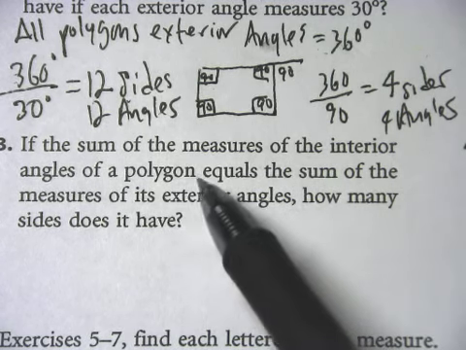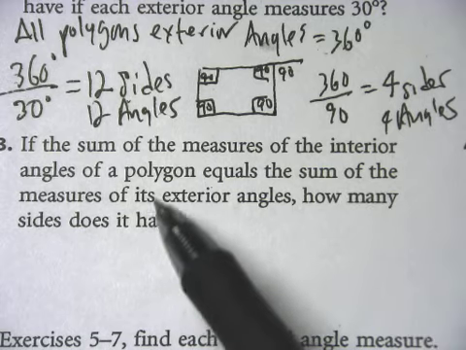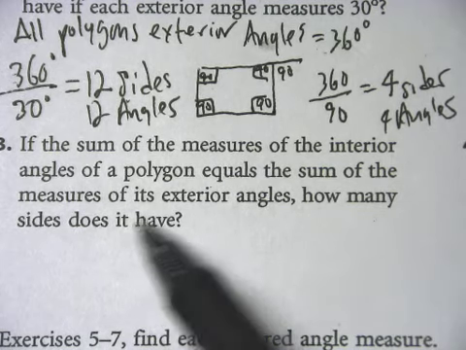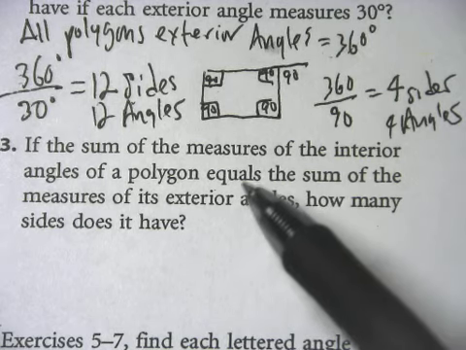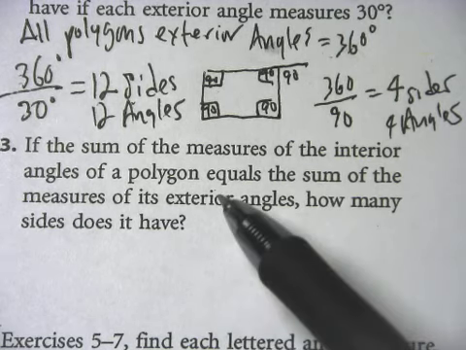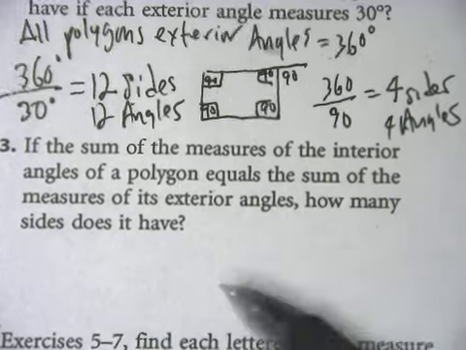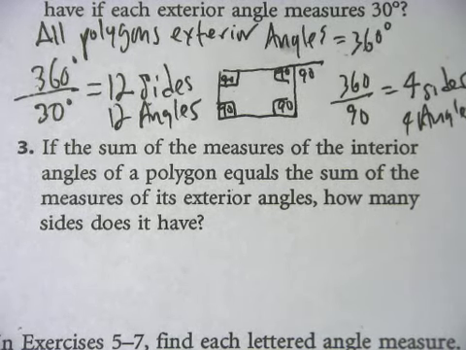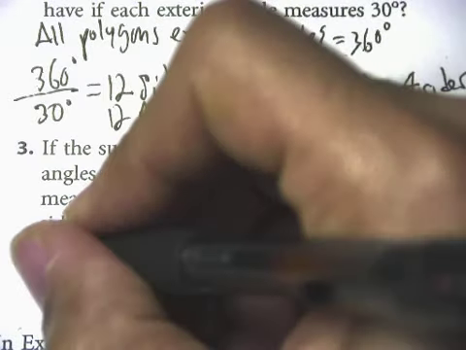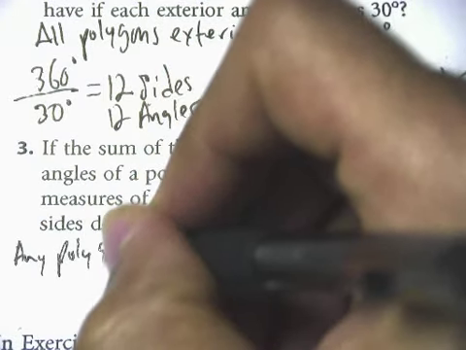Question 3 says, if the sum of the measures of the interior angles of a polygon equals the sum of the measures of its exterior angles, how many sides does it have? Well, all it's saying is that the degrees inside of the polygon equal the degrees on the outside of the polygon. Let me ask you a question. How many degrees are there on the outside of any polygon?